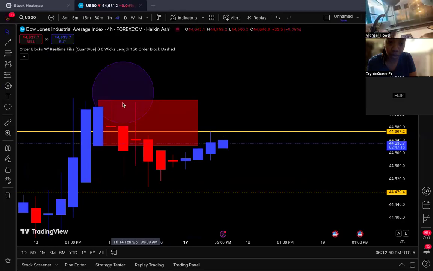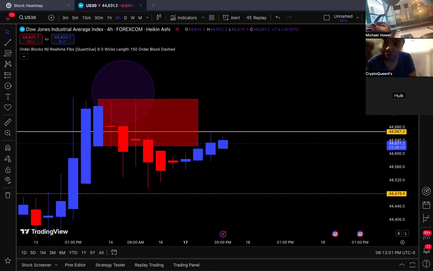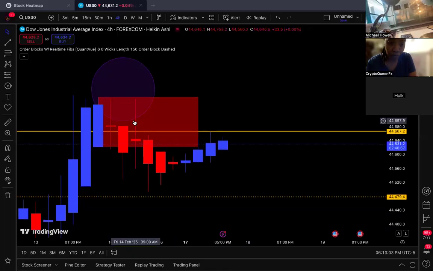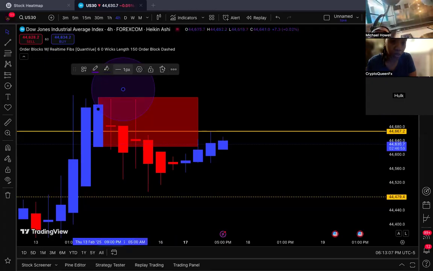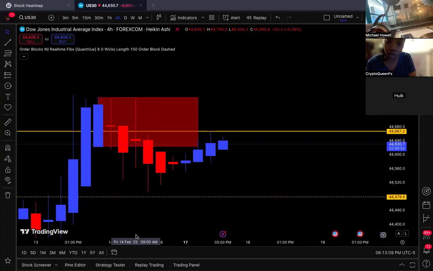That it already retested this high up here. It already came to retest. Price came up, retested, and sold. Right here. So these are like confluences, your confluences to indicate the sell.